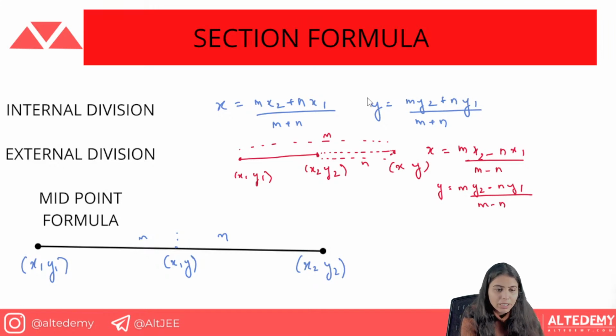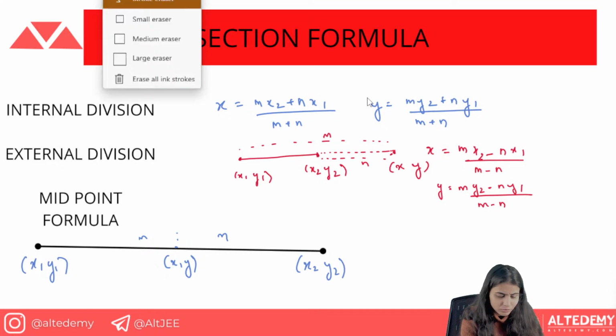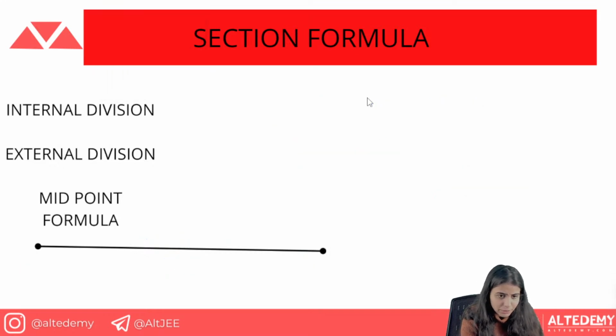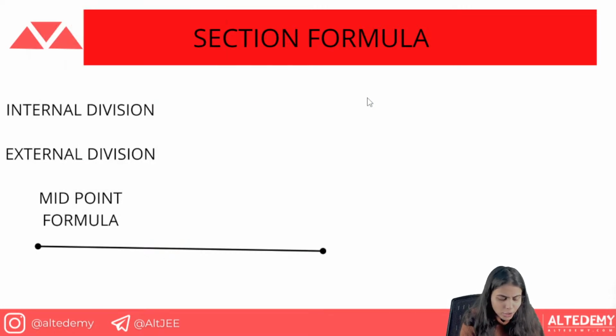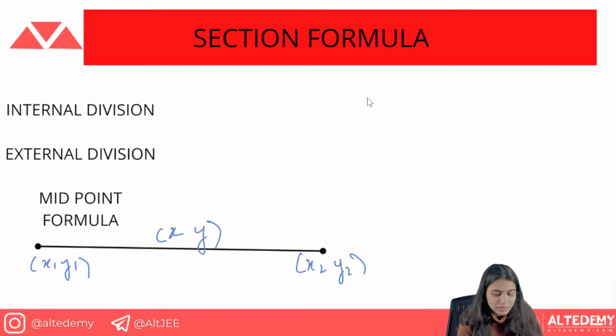Now talking about the midpoint formula. Midpoint, all of you already know. For example, this is the point x1, y1, this is the point x2, y2, and this is the point x, y. So how can you write the midpoint formula?